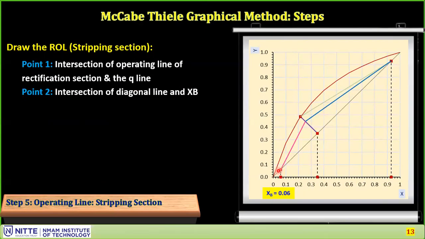So you connect the 2 points, the pink line. This is xB. Connect this particular point on the diagonal line, xB, and the intersection of the rectification operating line and the Q line. Connect them. That's the operating line for the stripping section. It's a straight line.